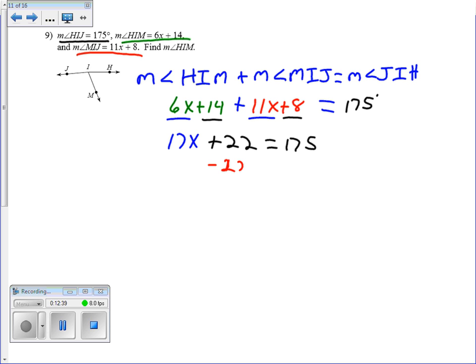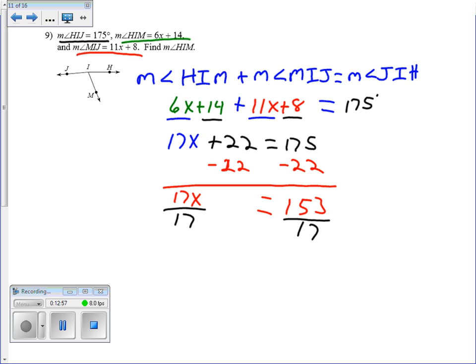Subtract 22 from both sides, and I get 17x is equal to 153. Divide each side by 17, and x is equal to 9.